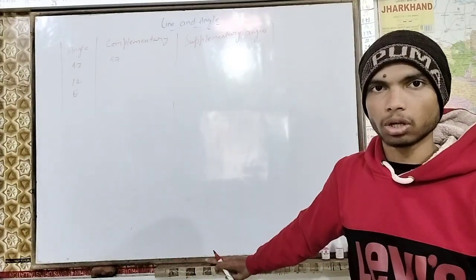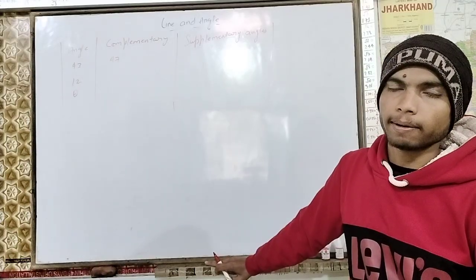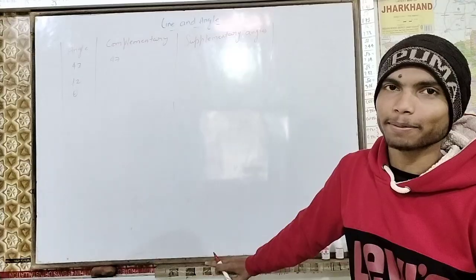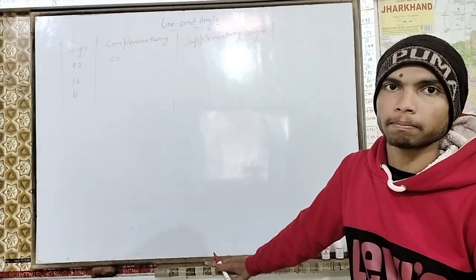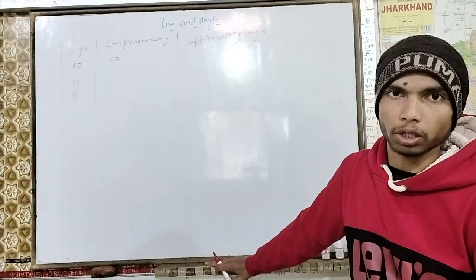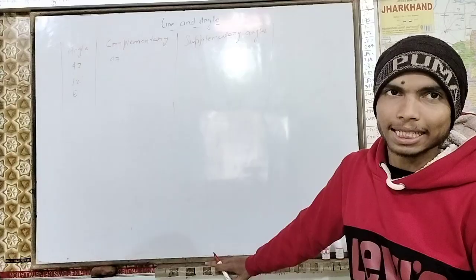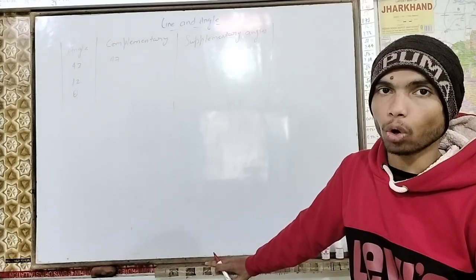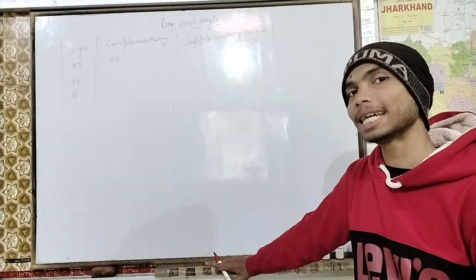That's it. Now what about the supplementary angle? Supplementary means 180. The given angle is 43 degree. It is asking what is the supplementary angle of 43 degree, which means it is asking for the second angle.